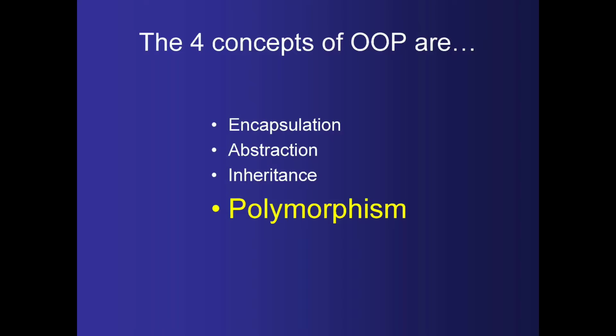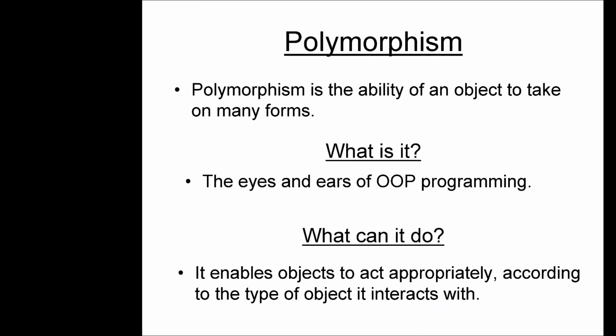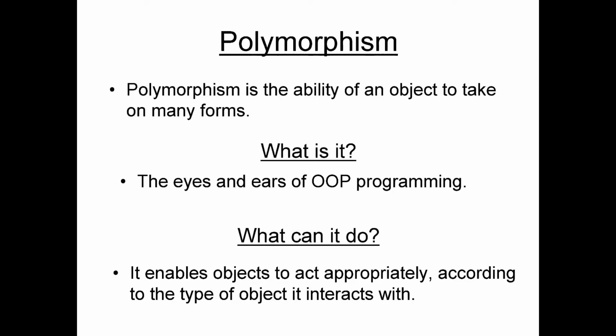Let's move on to our last topic, polymorphism. So what's polymorphism? Well, if we take the description of it, polymorphism is the ability of an object to take on many forms. I didn't really find this very helpful at first, so I think it's easier to understand with a few examples, because polymorphism isn't really a difficult topic to understand, and I'll explain it much more easily in the next few slides.